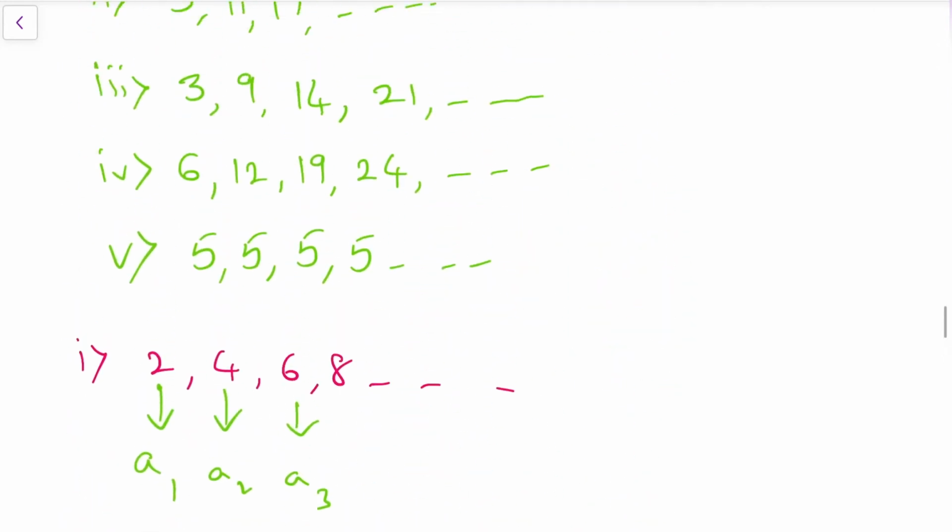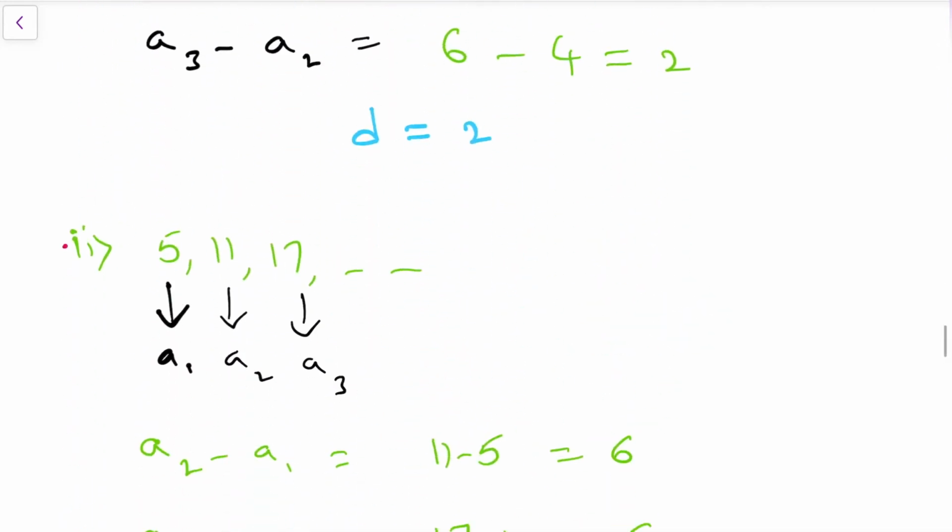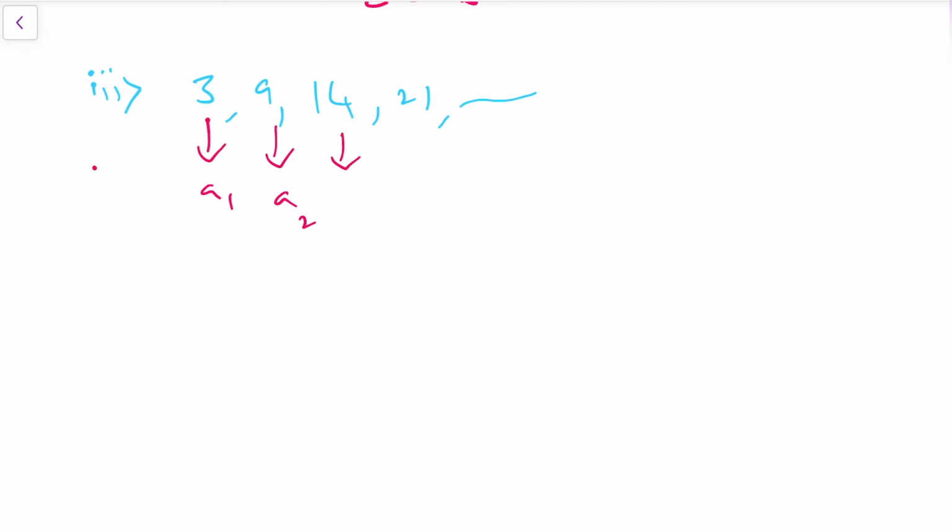Next, third question. 3, 9, 14, 21 and so on. This is A1, this is A2, this is A3 and it goes on. So now first we need to find out A2 minus A1. A2 is 9 minus A1 is 3. 9 minus 3, it is 6.